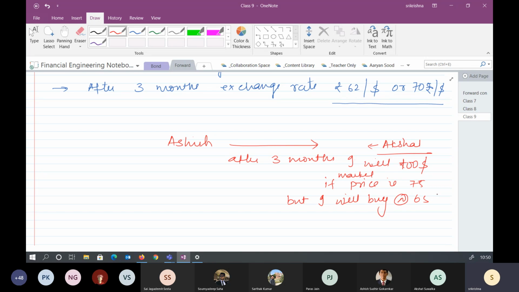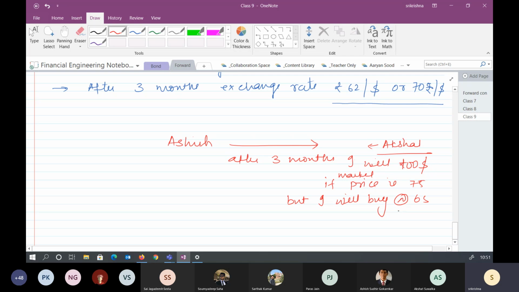So irrespective of whatever is happening in the market, in the forward contract we have to either buy or sell, depending upon whether we have entered into the long position or the short position. Here Ashish said to Akshat that I will come to you only if the market price is 75, and I'll buy from you at the price 65.